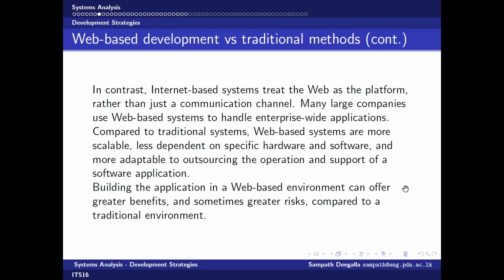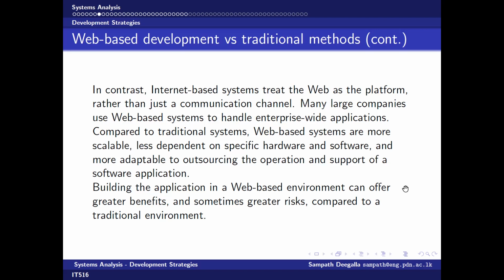So if you look at web-based systems, the advantage you might get is it is easily scalable. If your organization is growing at a rapid rate, you can adapt very easily with a web-based system. And the dependency on hardware and software is also very minimal, right?